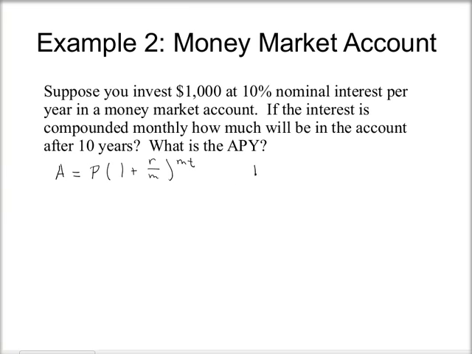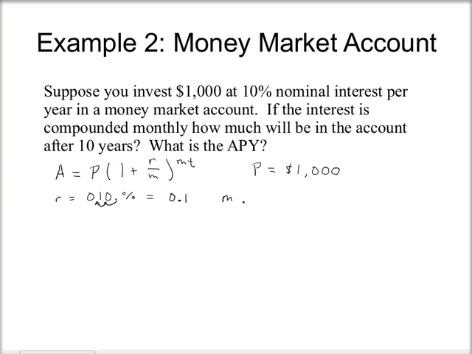Now here my principal P, the amount I start out with, is $1,000. My nominal annual rate R is 10%. So if I convert that to a decimal, I'm going to move the decimal over 2 places, and that gives me 0.1 is the decimal form of 10%.